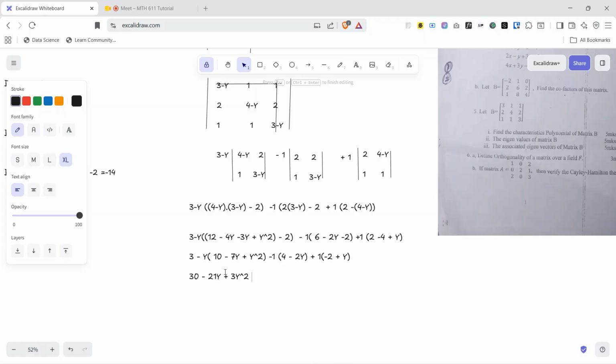So minus 10 lambda, plus 7 lambda square. So minus lambda times this, yes, plus 7 lambda square.